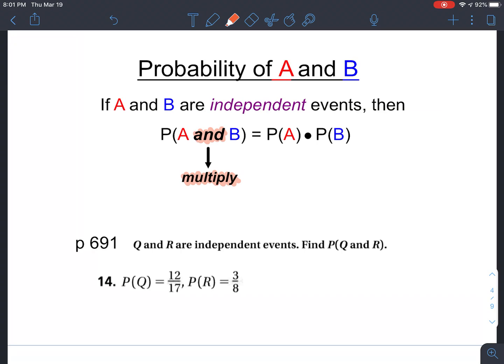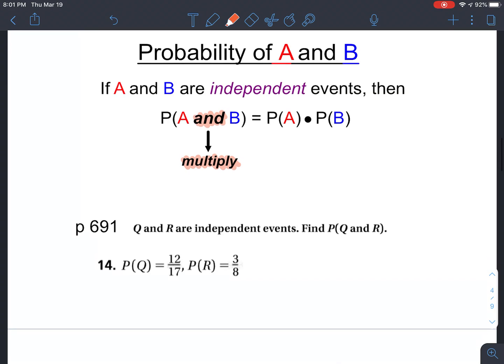So if we're looking at page 691, number 14, it says Q and R are independent events. Find the probability of Q and R. Okay, so if we follow the formula that we see above, the probability of Q and R is equal to the probability of Q times the probability of R. Well, we have those probabilities up on the screen.